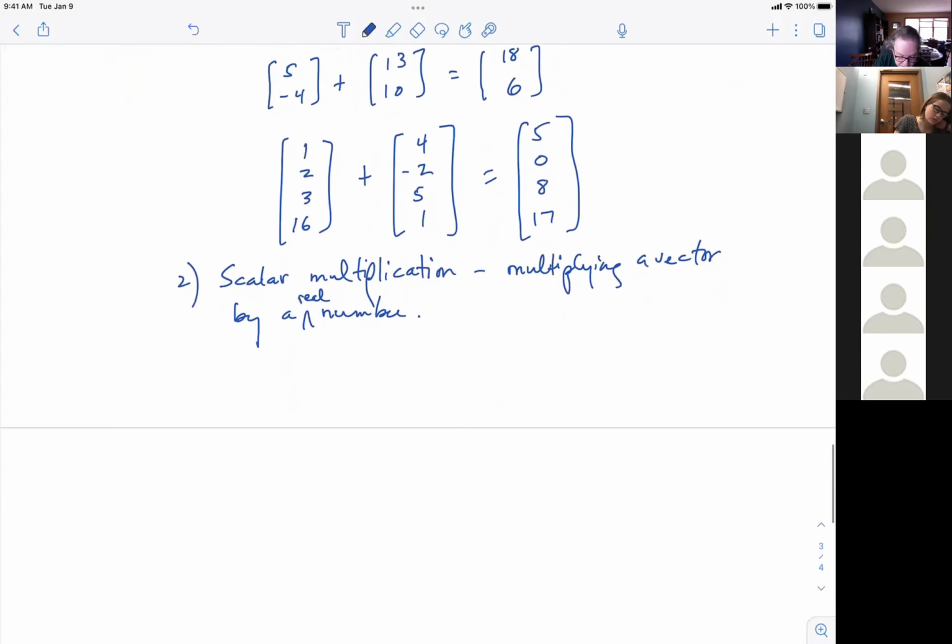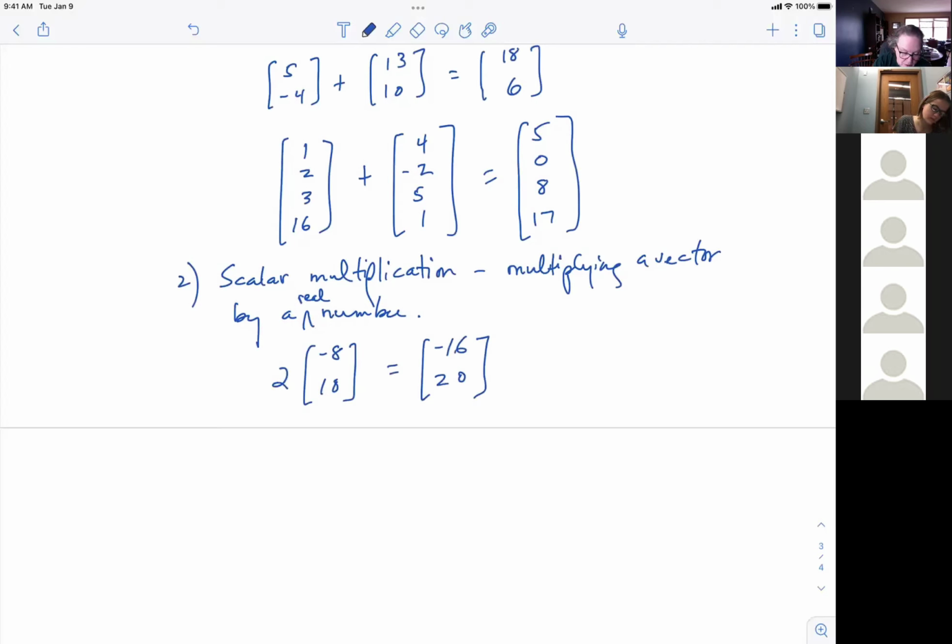For example, if I want to multiply 2 times (-8, 10), then that's 2 times -8, so -16, and 2 times 10, that's 20. So you just multiply each element by that scalar.